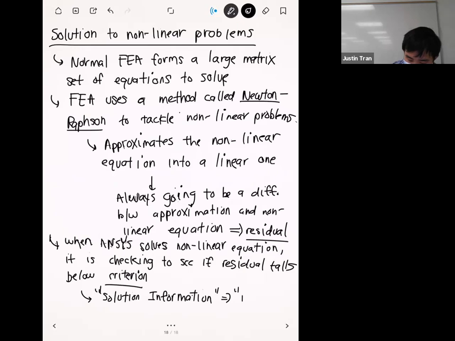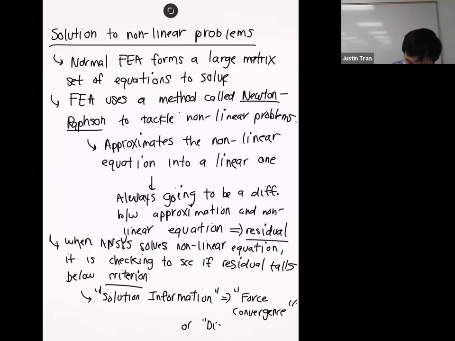You can either go to force convergence, or you can do displacement convergence. And after you click those, you'll be greeted with a graph. Okay, and that graph is an indicator of how well your nonlinear simulation is performing. Okay.